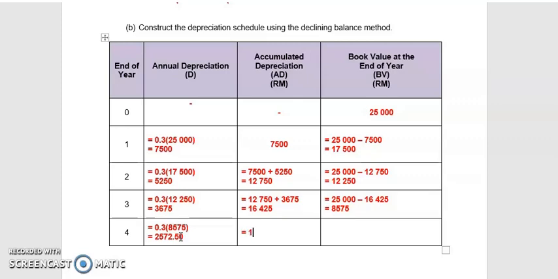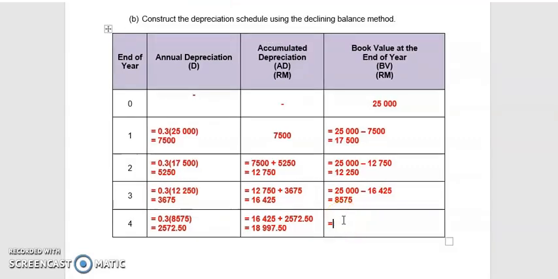So accumulated depreciation is 16,425 plus 2,572.5, which equals 18,997.5. So the book value at the end of year 4 is 25,000 minus accumulated depreciation 18,997.5, which gives 6,002 ringgit 50 cents.